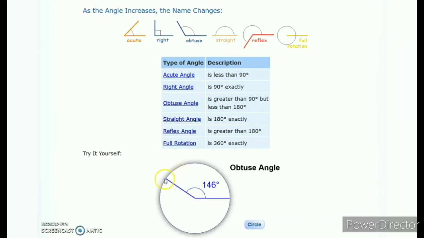When it reaches 180 degree, children, it becomes a straight angle. When it's greater than 180 degree, it's a reflex angle. And children, when it again reaches a full rotation, it is 360 degree and it's called a complete angle.